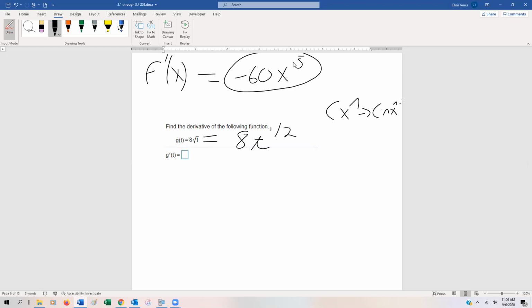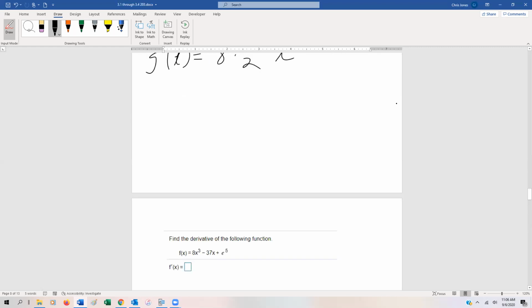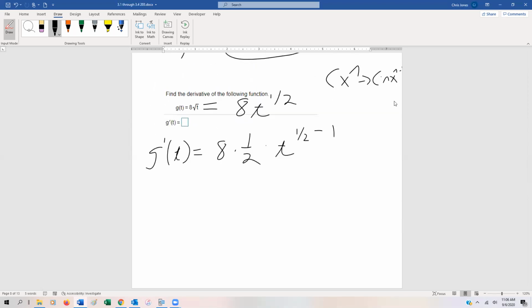So our derivative g prime at t is going to be equal to 8 times 1/2 times t to the 1/2 minus 1. And of course, we can simplify this, so be careful with this one because we do have to simplify it. Now, 8 times 1/2 is 4. And then we have t to the minus 1/2, since 1/2 minus 1 is minus 1/2.